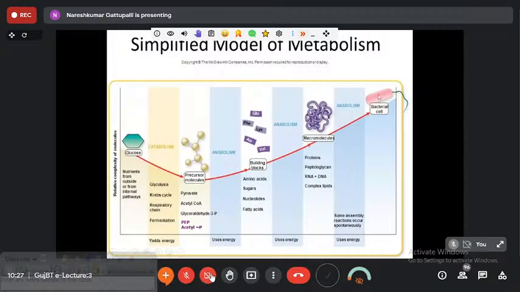So this entire process is anabolism. So anabolism is much more complex, but in terms of the amount required, catabolism is much more dominant. Anabolism is less, but still it is one of the things that drives energy to make this cellular complexity.